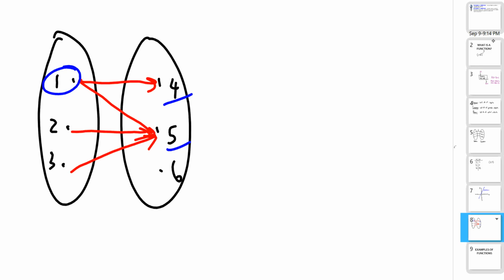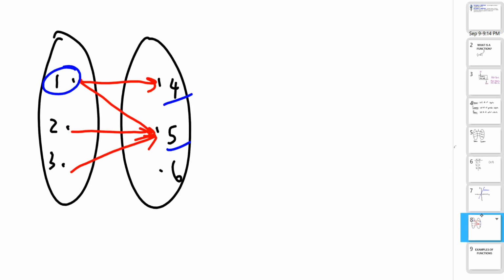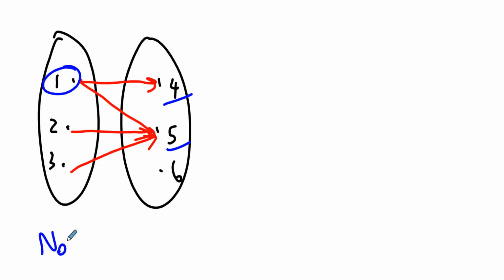Back to the machine analogy. When a number goes into the machine, only one element comes out of the machine. So one input has to lead to one output. So in this particular case, this is not a function.